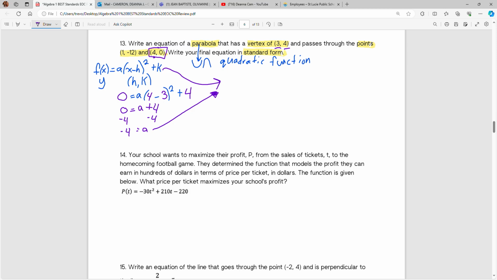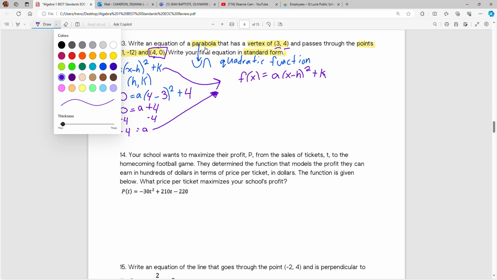So once I get it in vertex form, I have to change the formatting to put it into standard form. So here's how we do that. f of x equals a times (x minus h) squared plus k.